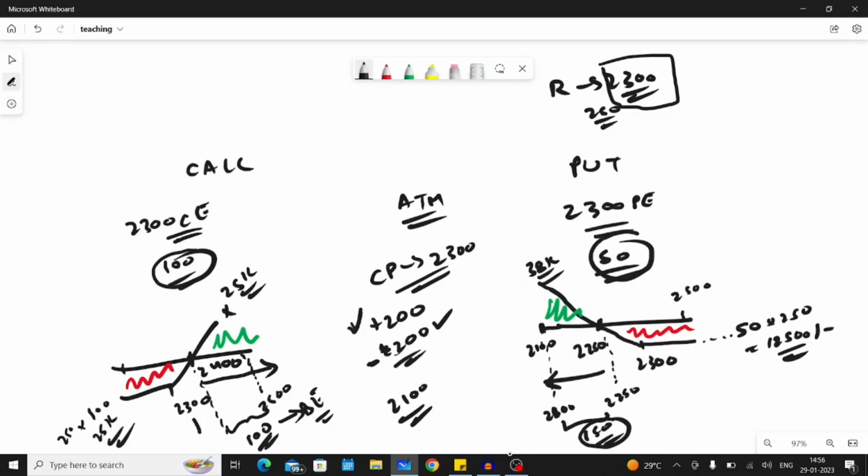So this was 100 rupees, and this up move was 100 rupees, whereas in put options this was only 50 rupees, and the total move after break even was 150 rupees, and that is why it is not 25,000, it will be somewhere close to 38,000.